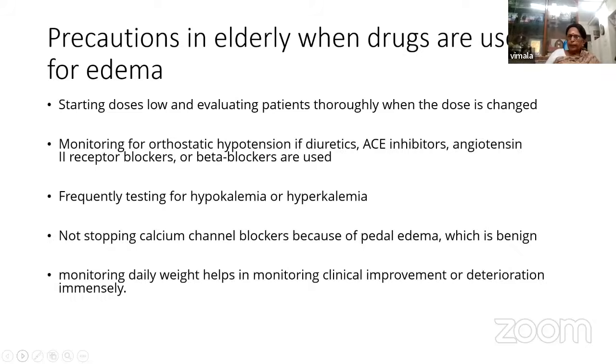When you use diuretics, ACE inhibitors, beta blockers, clonidine, etc., along with loop diuretics, it can produce severe orthostatic hypotension, especially with prazosin. So you should carefully monitor blood pressure in the lying down and the standing position up to 2 minutes. Each time the elderly patient comes to the OPD, you should make it a point to measure BP in the lying down and standing posture as well. You have to carefully look for hypokalemia and hyperkalemia.